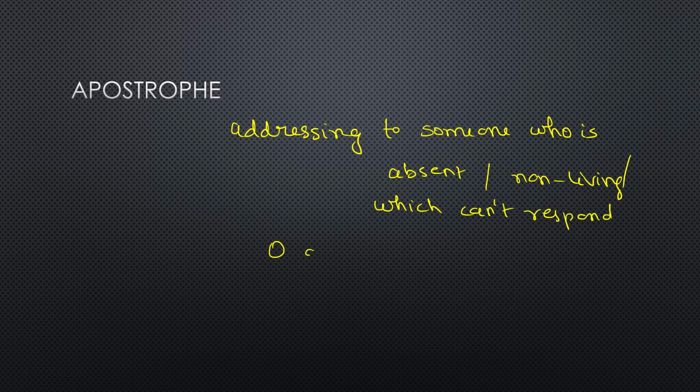For example, oh death, where's the thing? So this is apostrophe. Speaker is talking to death, which is not possible. It cannot respond and it is not there. It is not living.